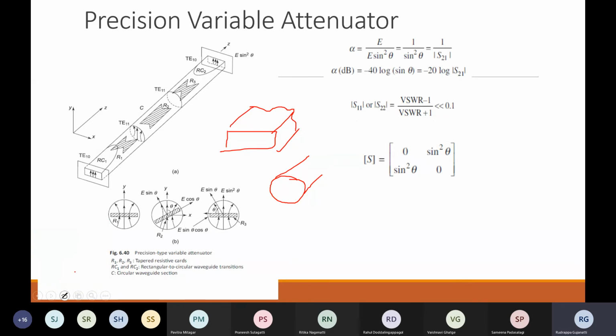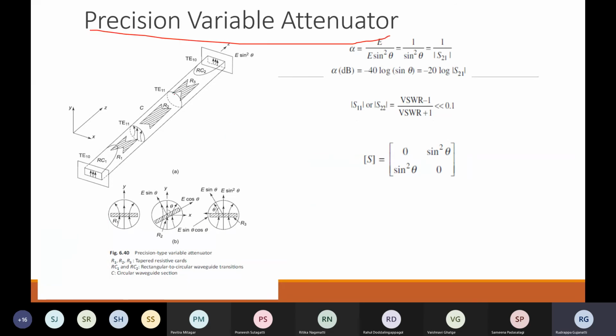In the precision variable attenuator, this part is a circular waveguide, whereas here you have a rectangular waveguide. Why this comes is that in the majority of cases, we come across both circular and rectangular waveguides. So when we have rectangular waveguides and I want to use the precision variable attenuator, I require these kinds of connections which are present.